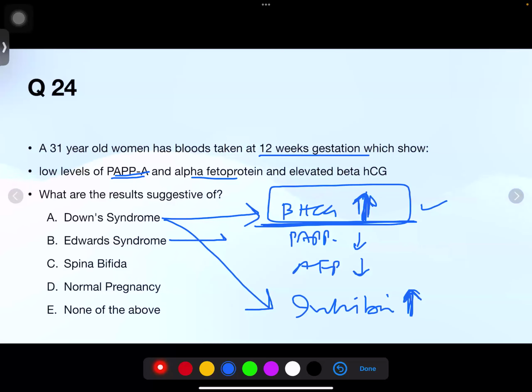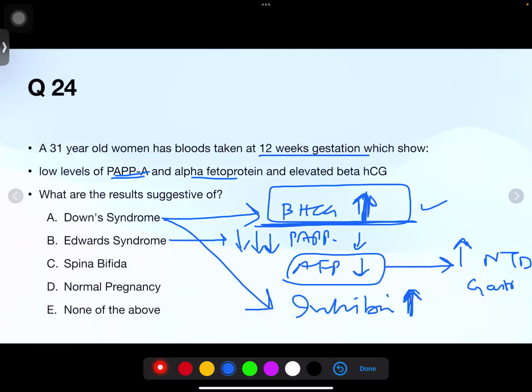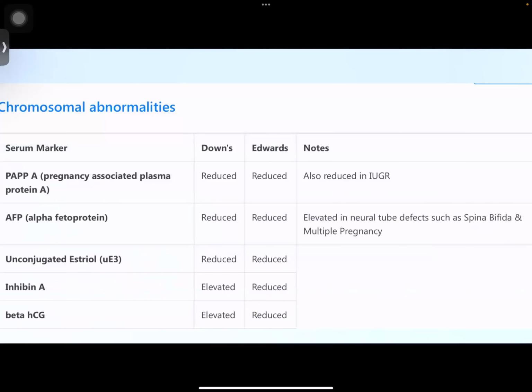And in Edward, we said that everything would be reduced. AFP is also very important: it would be raised whenever abdominal structures are involved, or in neural tube defects, and abdominal wall defects like gastroschisis or omphalocele. These are a few very important things you have to remember.